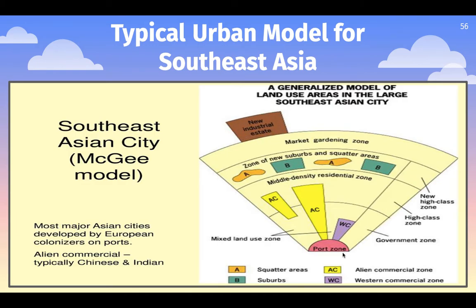Notice too, along the edges of the port zone here, we have the government zone linked up right along the edge of the port zone. That's important. And then higher income areas that are separated from all of this mixed land use and commercial areas and more densely populated residential zones.